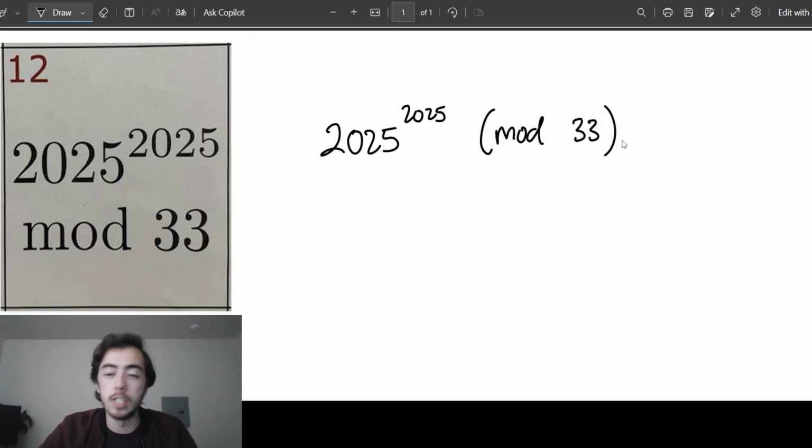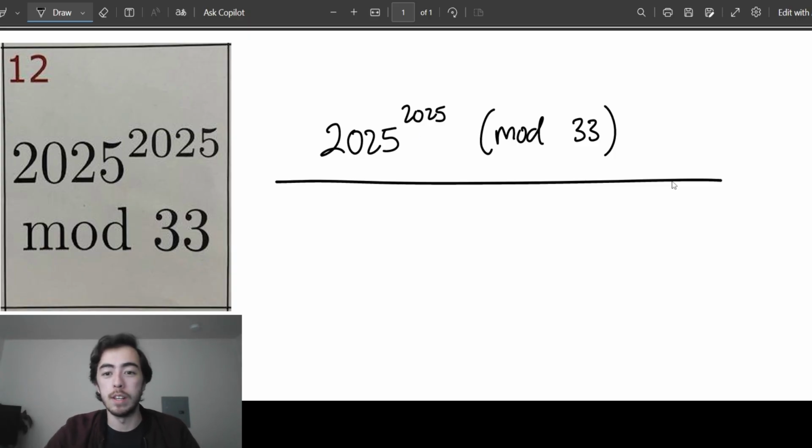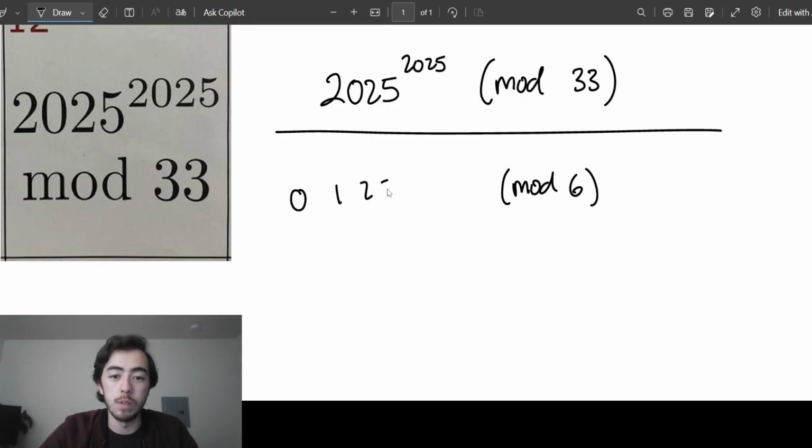And let's talk a little bit about modular arithmetic just in general before we actually try this problem. Basically, modular arithmetic is like normal math, but you only have a limited amount of numbers and they cycle back on themselves. So if, for example, we are living in the mod 6 universe, the only numbers we have are 0, 1, 2, 3, 4, and 5, because the instant I try to write a 6, it cycles back down to a 0.